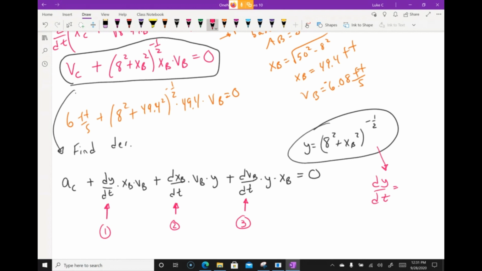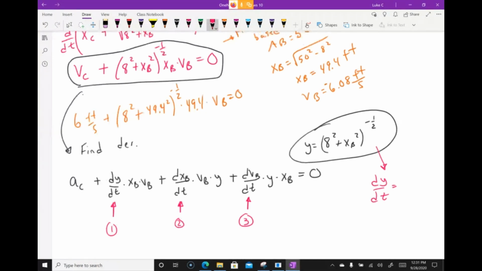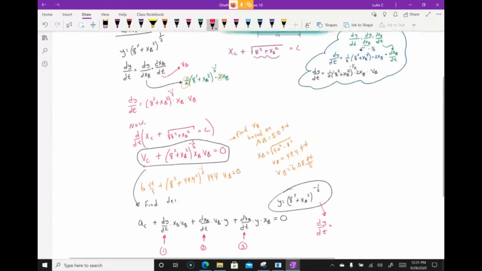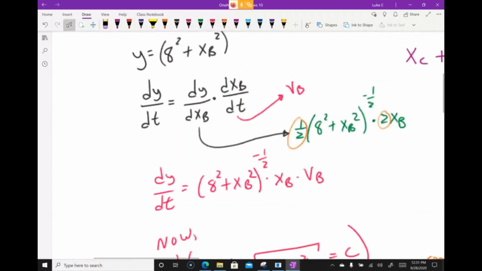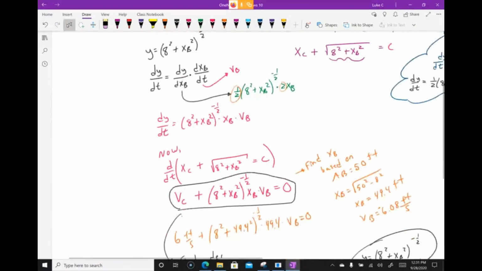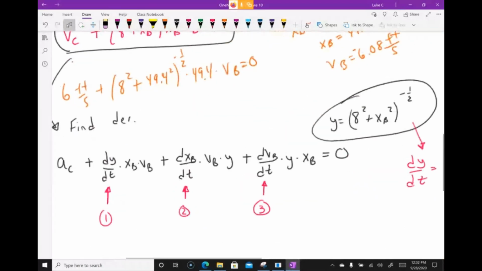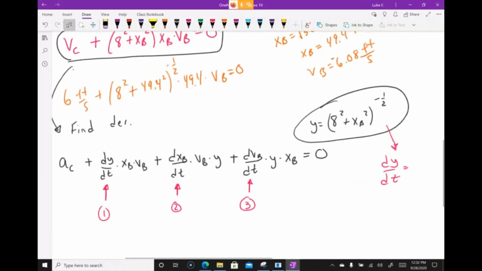Isn't it taking the natural log? Nope. What do we do up here? Yeah, chain rule. No partials. These are derivatives. You have to do the chain rule.